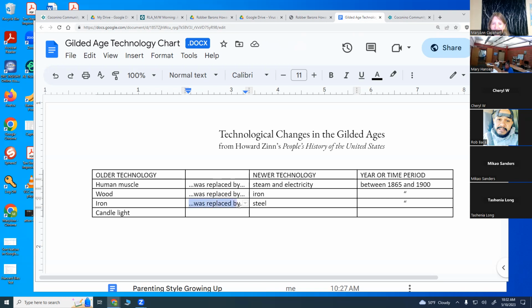Some kind of energy, right? So that was paraffin, which is kind of like a waxy substance. Sometimes people make candles out of beeswax, really nice, expensive. Sometimes they burn whale oil, like you were saying, Cheryl, in a lantern or a lamp. But now this was replaced by, what did they say?